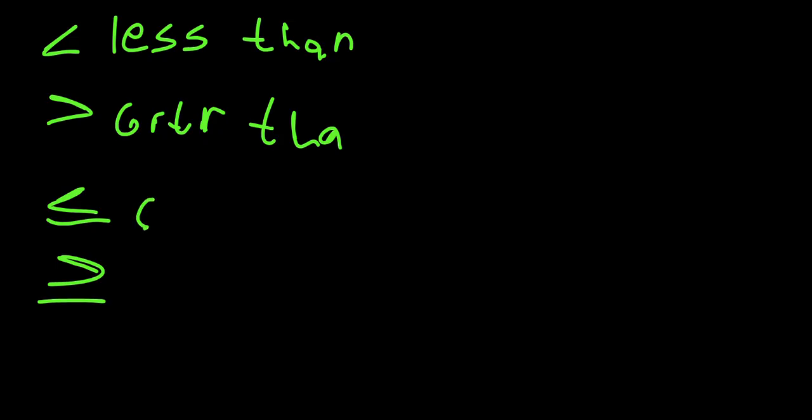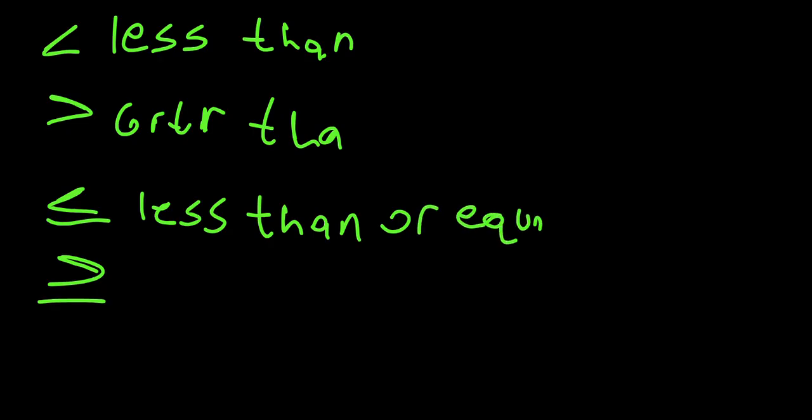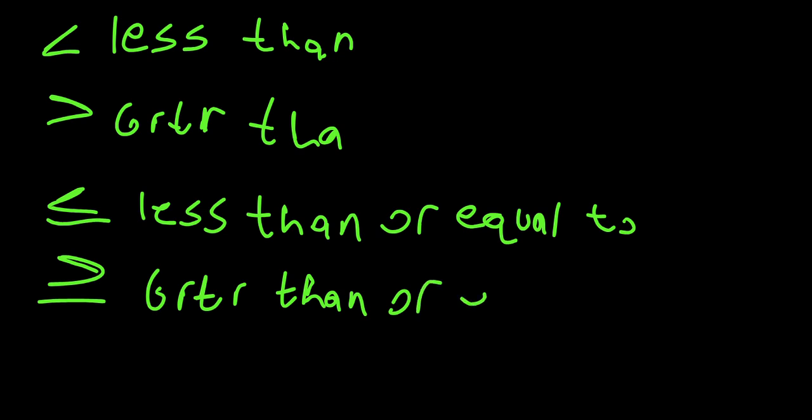And then these are less than or equal to. This may be a review for you, but it's a review you need. And this is greater than or equal to, okay?